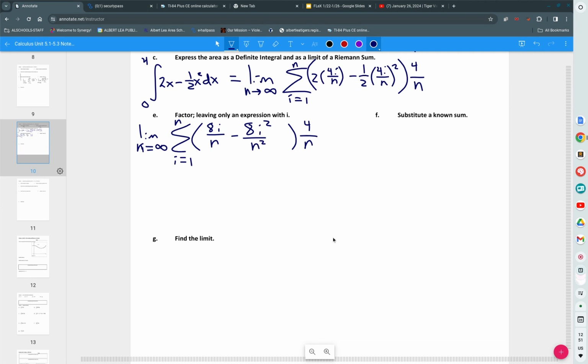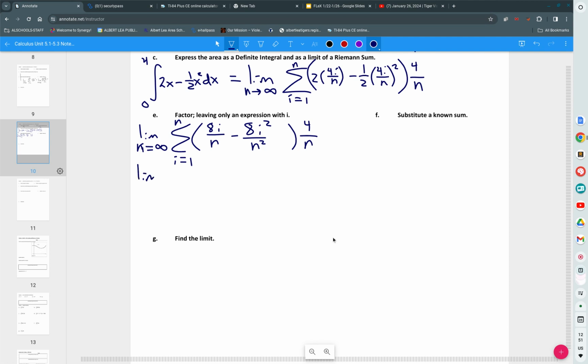Something important I want you to notice at this time is that you have an i and an n. You have an i squared and an n squared. See how that matches in degree? After you multiply through, the n's should always be 1 degree greater than the i's. So now we're going to multiply through.